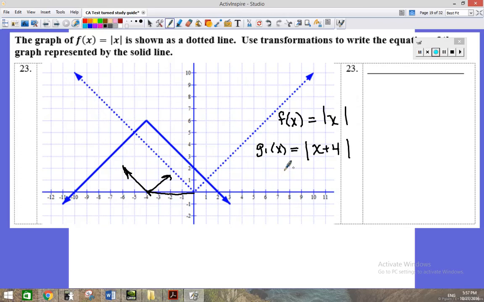Well, next, see how my final graph is opening downward. I need to reflect this across the x-axis. I need this to open downward, not upward. And remember that when you studied quadratic functions, x squared opened upward and negative x squared opened downward.